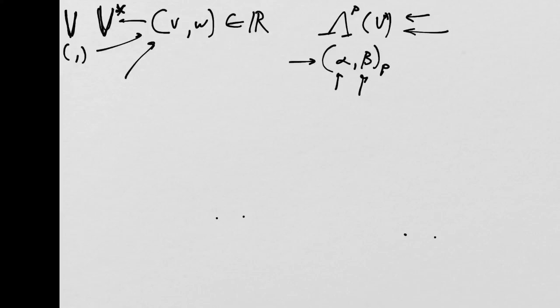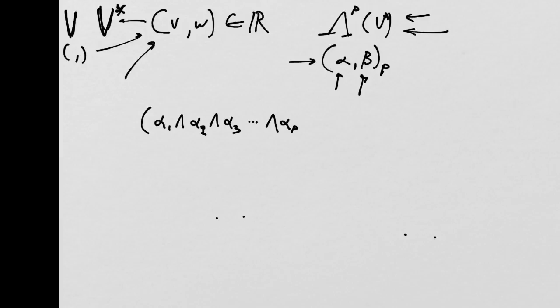You can imagine, if you had a simple P form, you could write it down as alpha 1 wedge alpha 2 wedge alpha 3, and so on. A simple P form can be written as P copies of some one form out there.